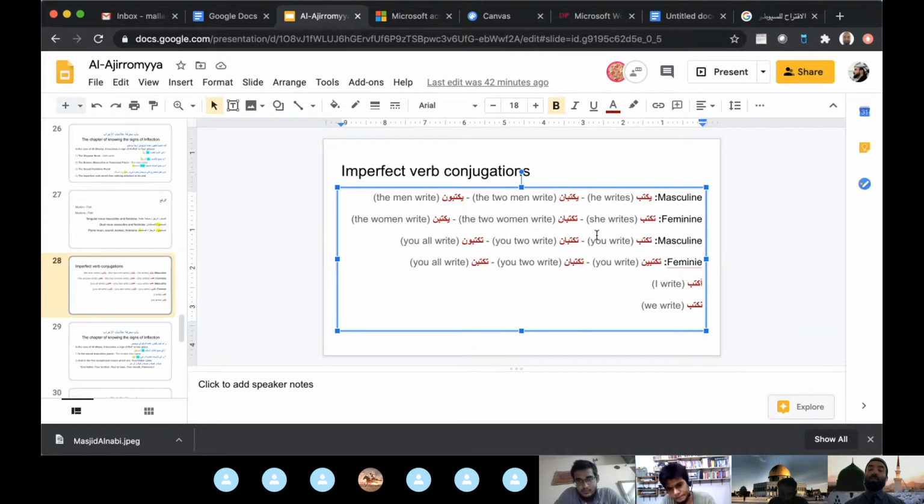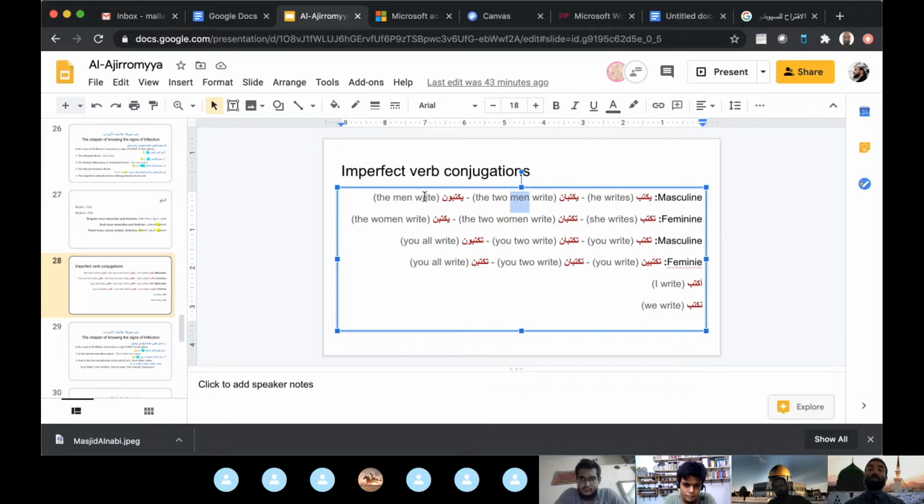But a lot of people get confused because here yaktubani is for 2 men, right? But alif is not a sign of duality, rather it is a pronoun for 2 men, right? There's a difference. So it's not a sign of a rafa, but rather it is a pronoun for 2 nouns. Okay, so here yaktubani means the 2 men write.